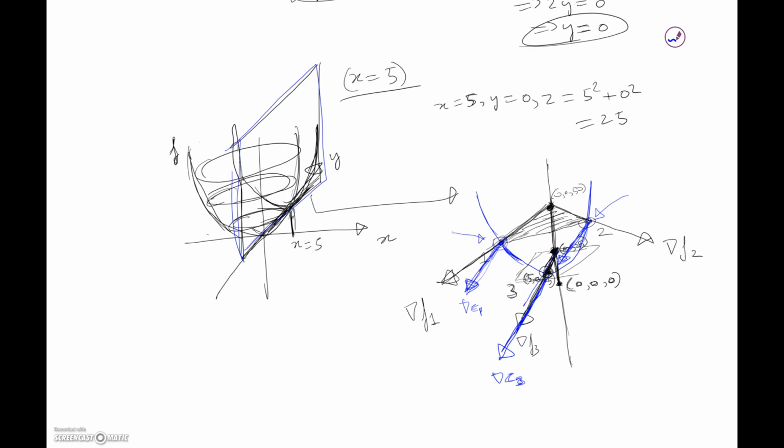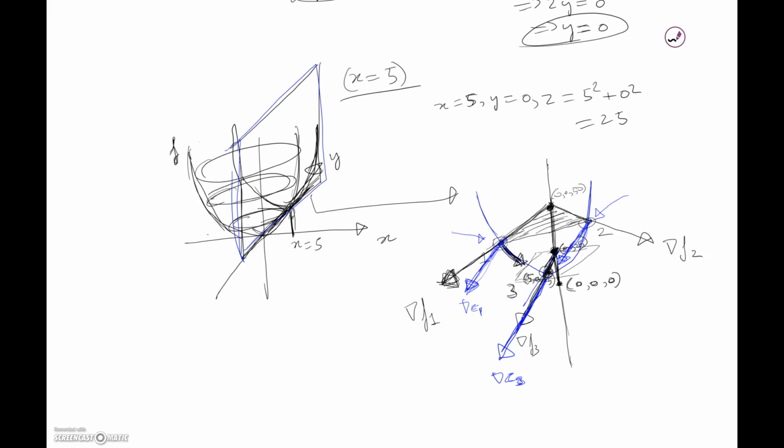So if we move from point 1 downwards along the parabola, we are moving perpendicular to del c1 but not perpendicular to del f1, because del f1 is not perpendicular to this plane.